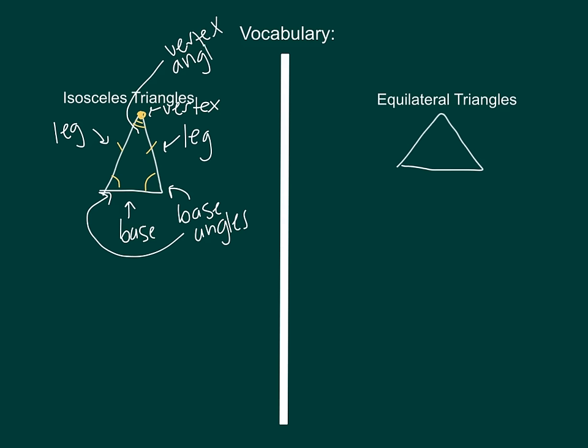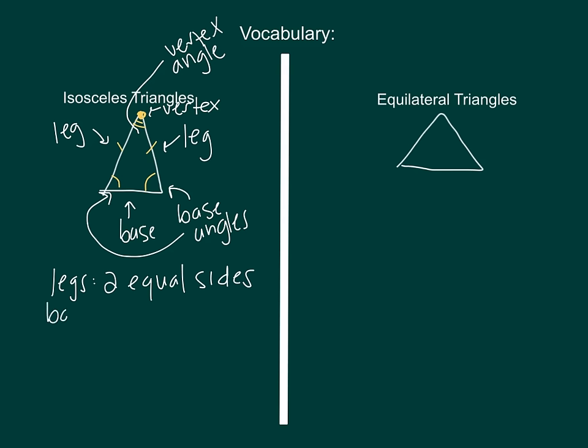So the vertex is where the two legs come together, and then the angle that the two legs form is called our vertex angle. So our legs are two equal sides. So remember, an isosceles triangle will always have two congruent sides.